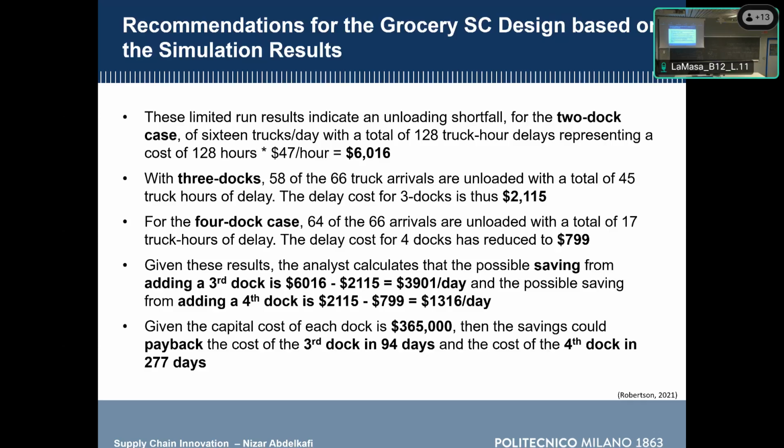So we start with 2 docks, and then we calculate the delay costs, and then we subtract from this the delay costs that are induced by the 3 docks, which is 2,115. It means that the difference in delay costs between 2 docks and 3 docks is 3,901.